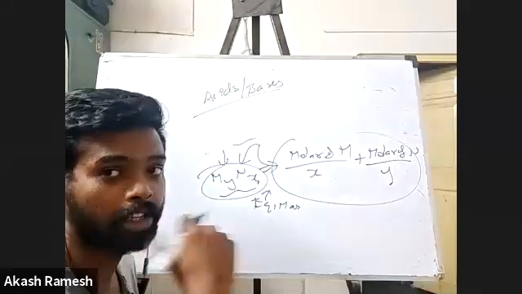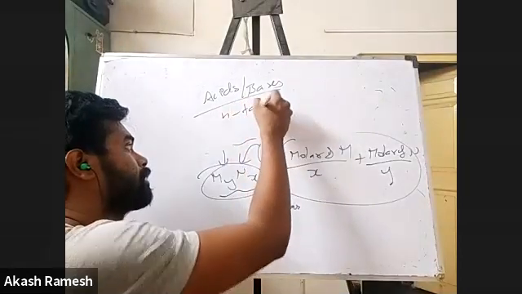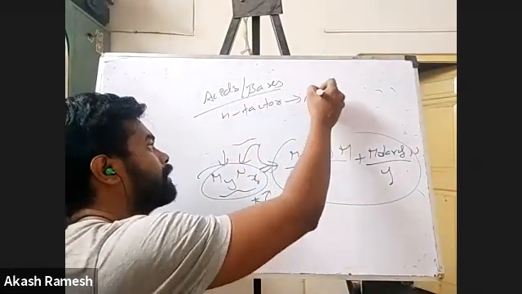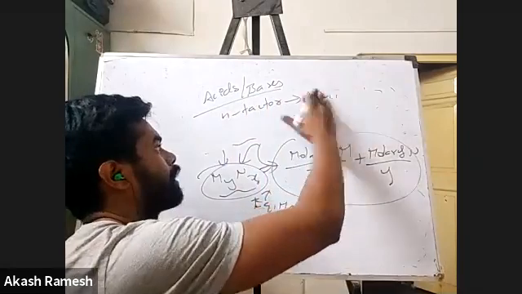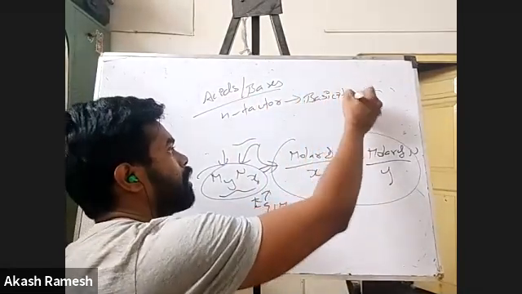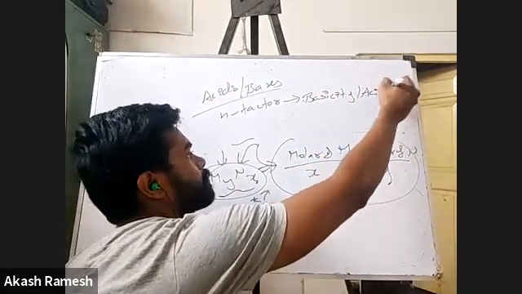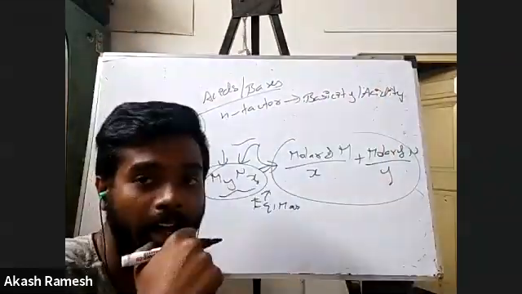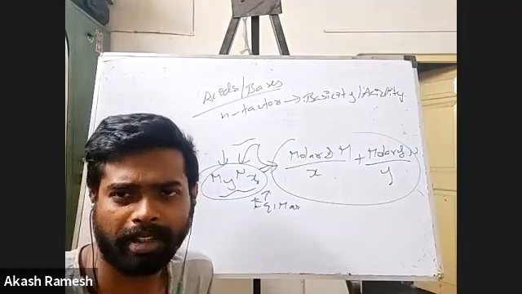For acids or bases, the n-factor is going to be their basicity or acidity. You know what basicity and acidity are, correct?